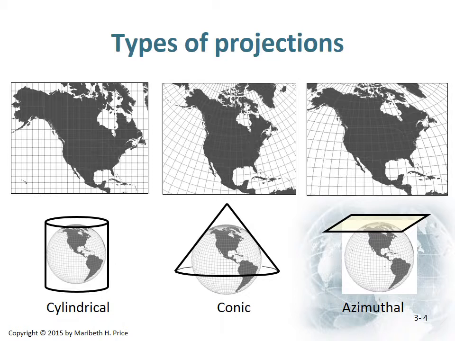So cylindrical on the left, we see some really interesting areal distortion happening from south to north, where area is being exaggerated a lot to the north. A conic projection, tangent at the surface at a line of latitude in the northern hemisphere that passes through North America.